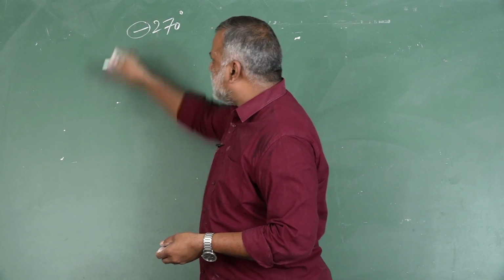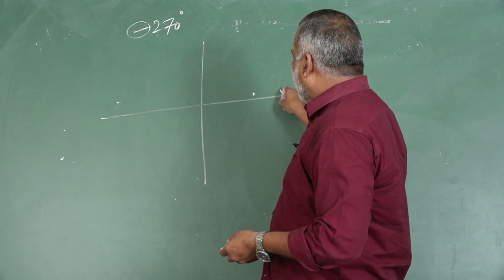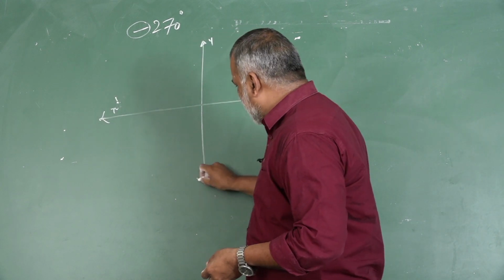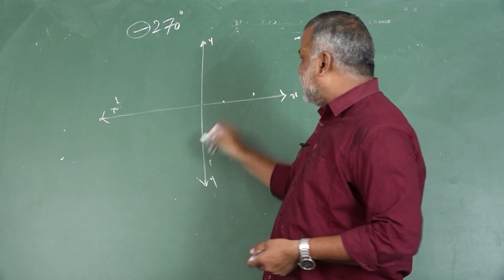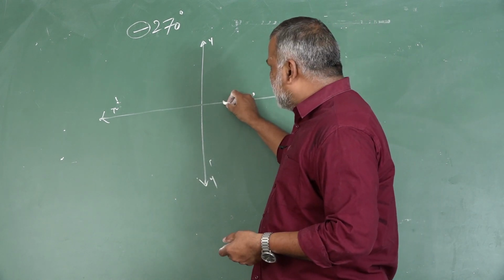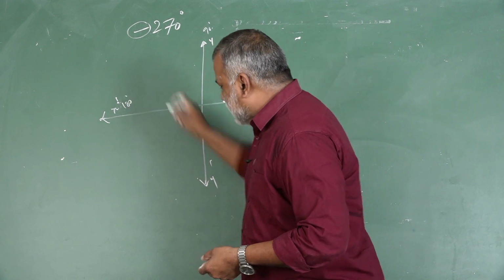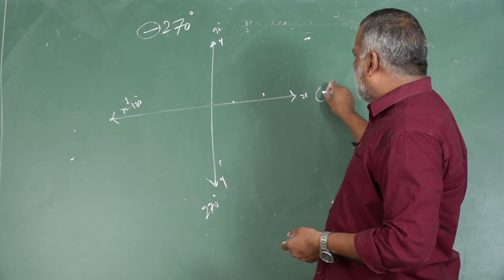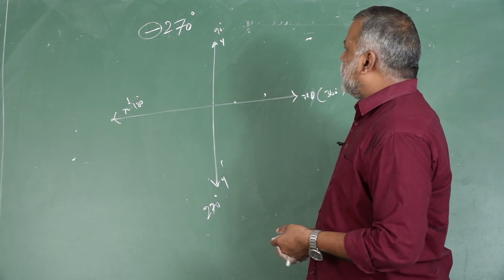Carefully see this negative symbol. If you are getting a negative symbol, then see here, this is the initial side. From this, we conclude this is 90, this is 180, this is 270, then it is 360. 0 and 360 are in the same place. Now listen.